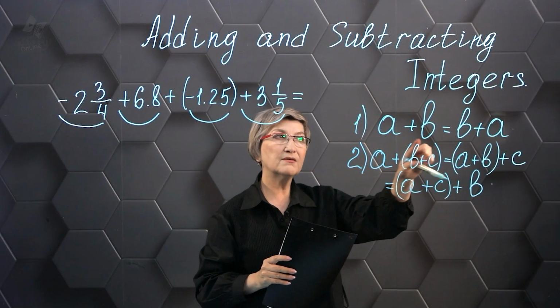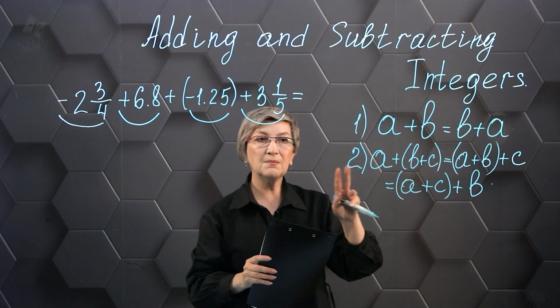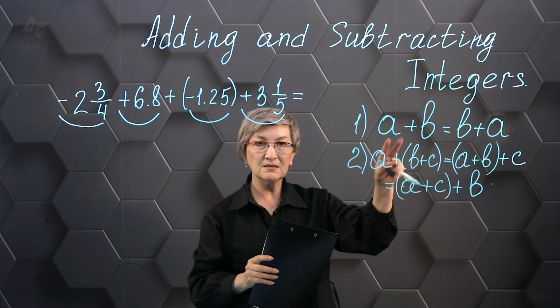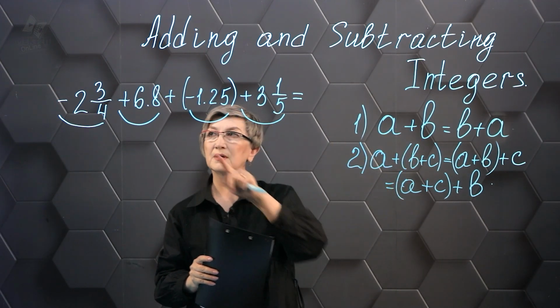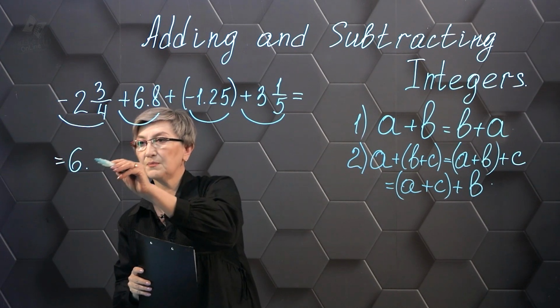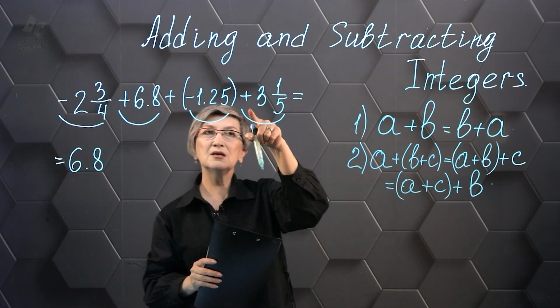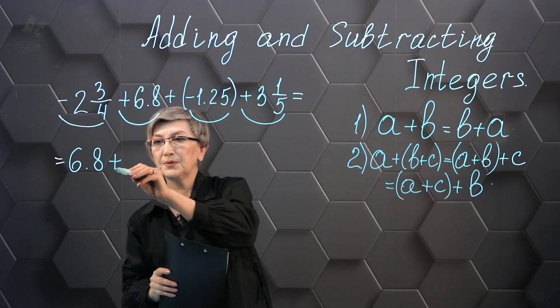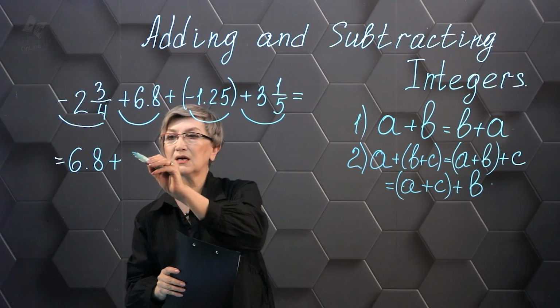Using the first rule, I can move our sum ends and I'll put 6.8 in the first place. And to it, I'll add the number 3.1.